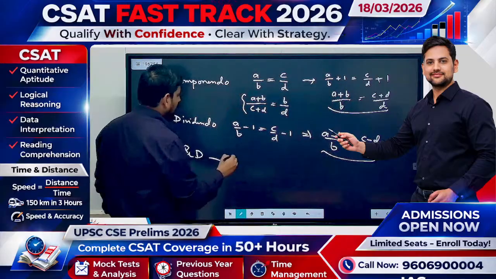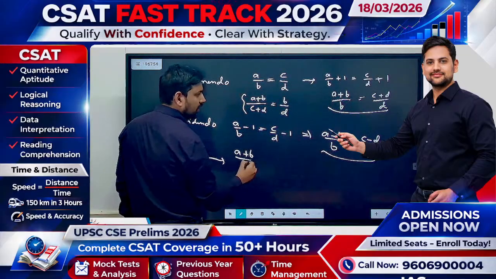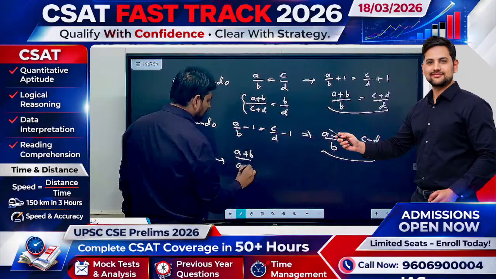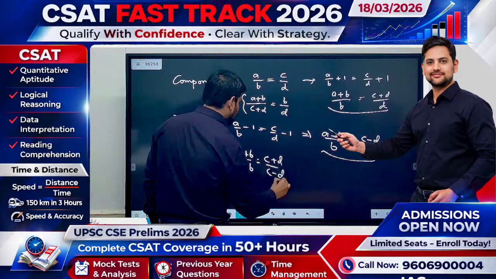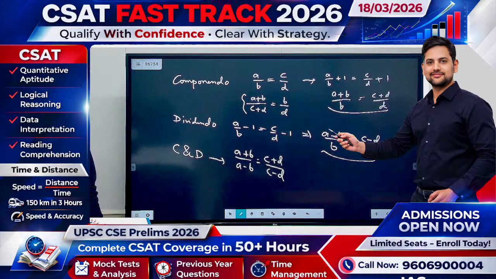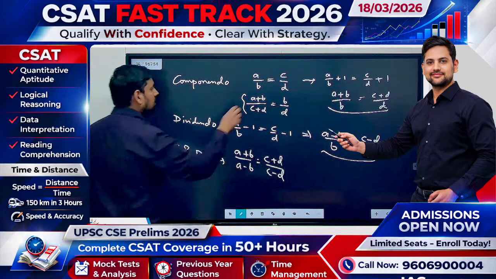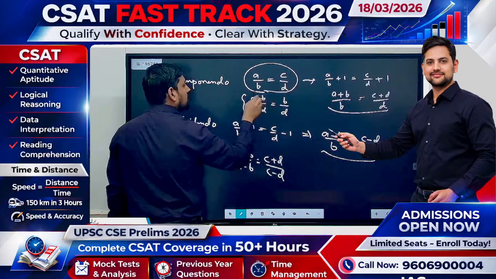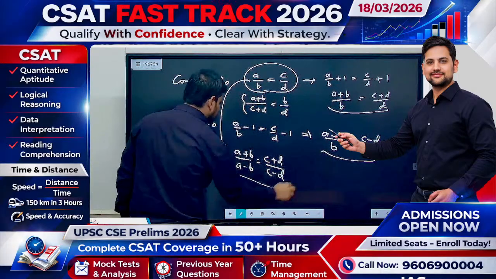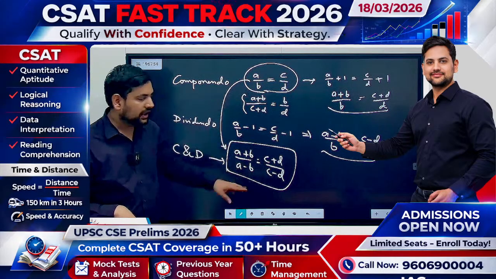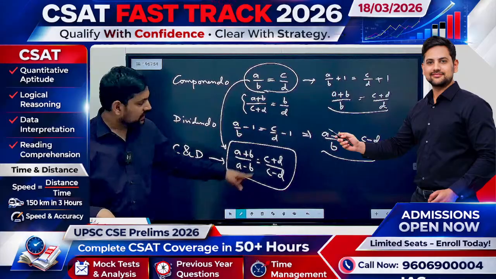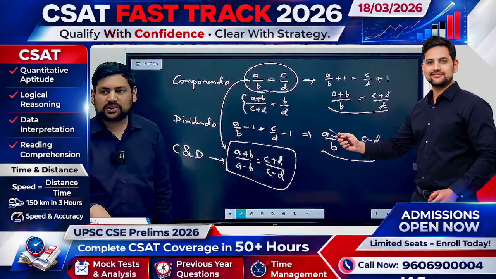What you will get is A plus B upon A minus B is equal to C plus D upon C minus D. You started from this, and using componendo and dividendo, you can get to this. This is sometimes used in questions, where you are given a ratio like this, A by B is equal to C by D. You directly write A plus B upon A minus B is equal to C plus D upon C minus D.